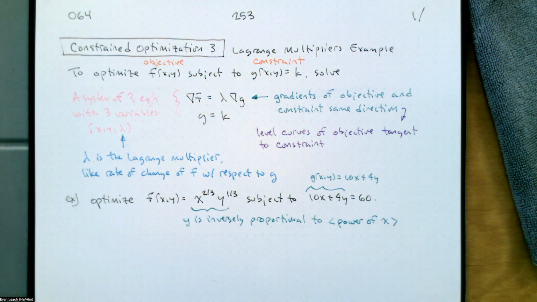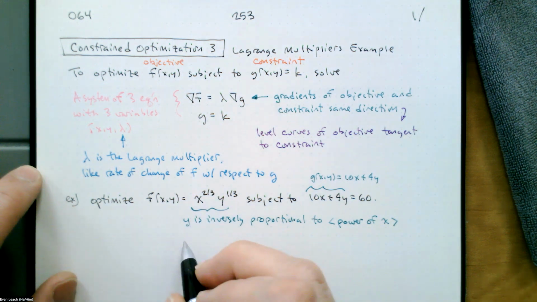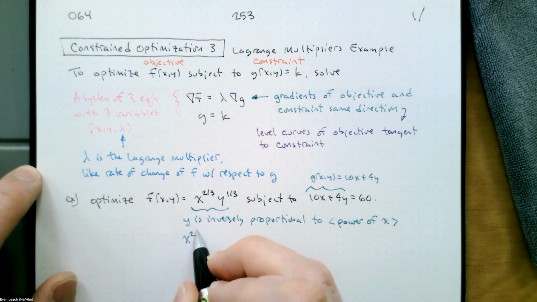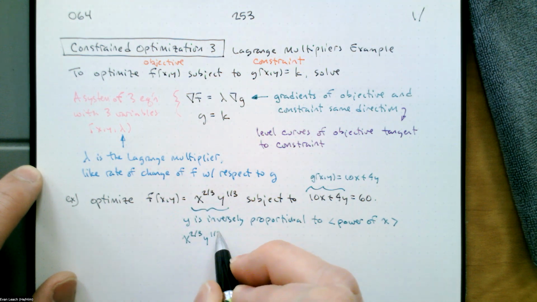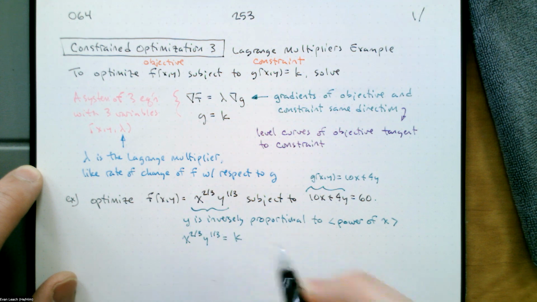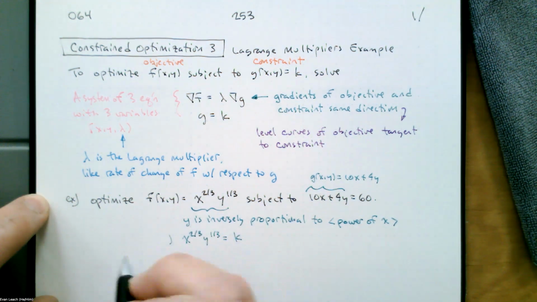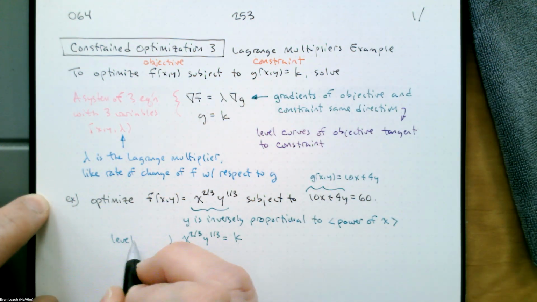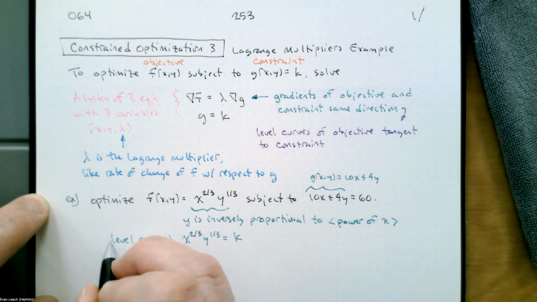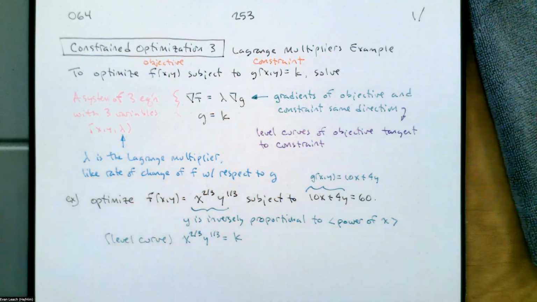If we look at a level curve of this function that we're optimizing, we could say x to the 2/3, y to the 1/3 is equal to some constant. So there's a level curve. If I solve this for y, we have to divide by x, so y to the 1/3 is equal to k over x to the 2/3.